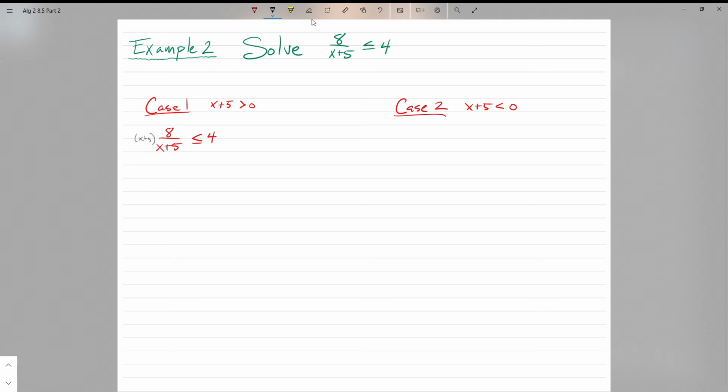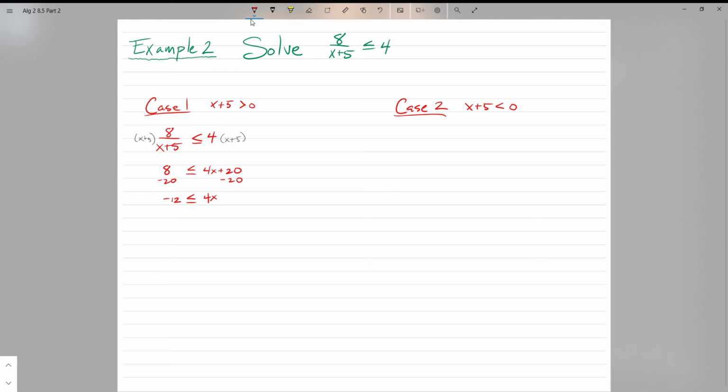You multiply both sides by x plus 5, because when it's positive, this symbol here doesn't get affected in any which way. So this next line would read 8 is less than or equal to 4x plus 20. And our idea is to solve for x. So I'll subtract 20, and then this would say 4x greater than or equal to negative 12.